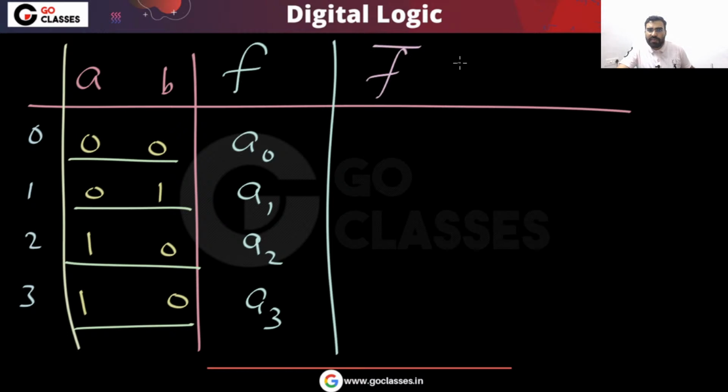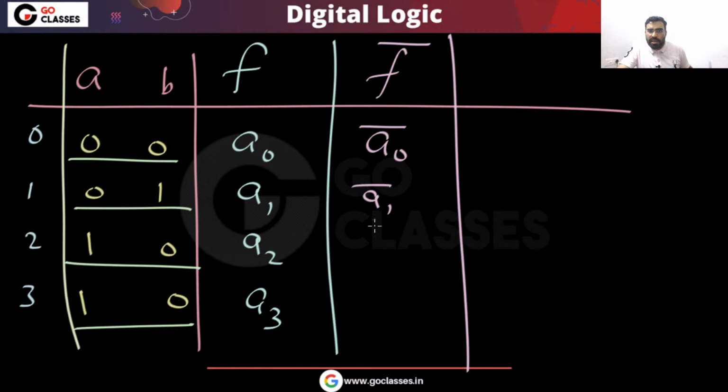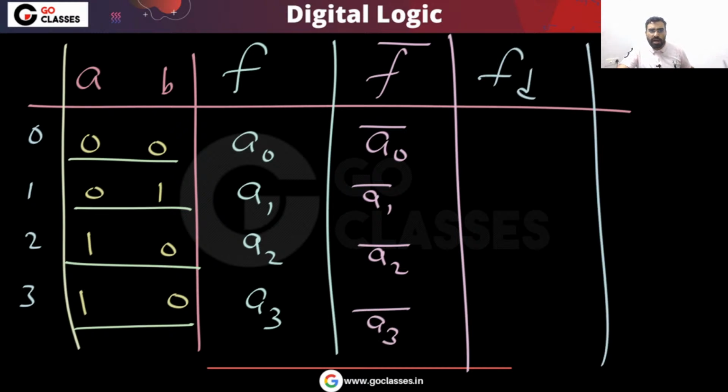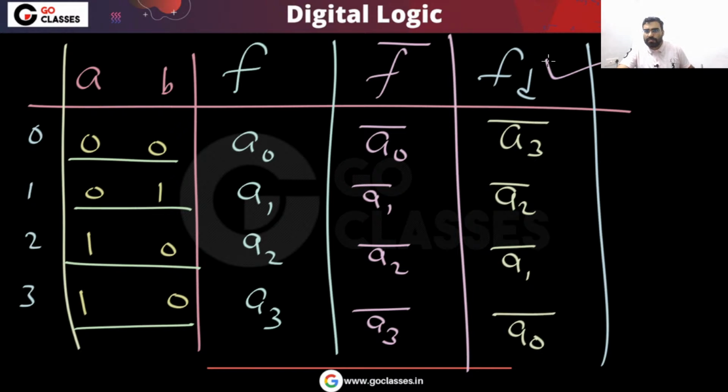Now you can very easily find f complement: a0 complement, a1 complement, a2 complement, a3 complement. And how do you find f dual? Just reverse this f complement. This will be your f dual.